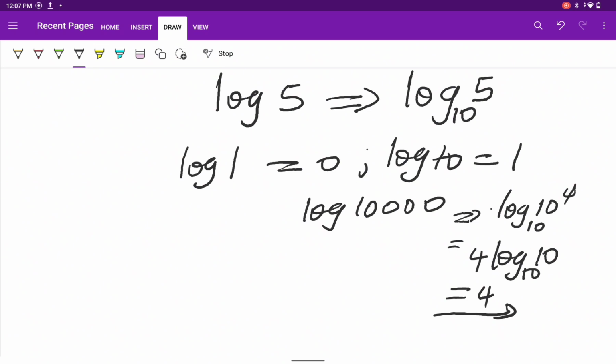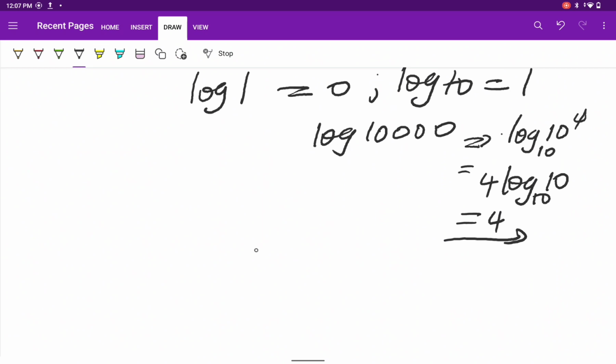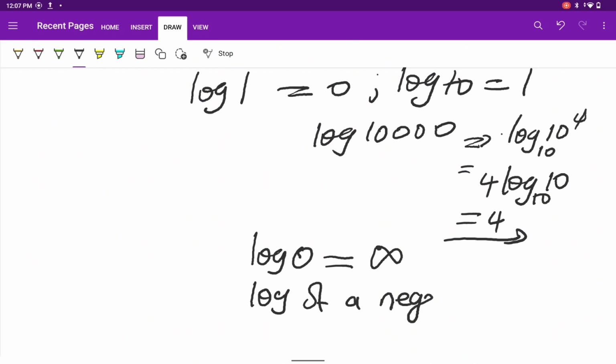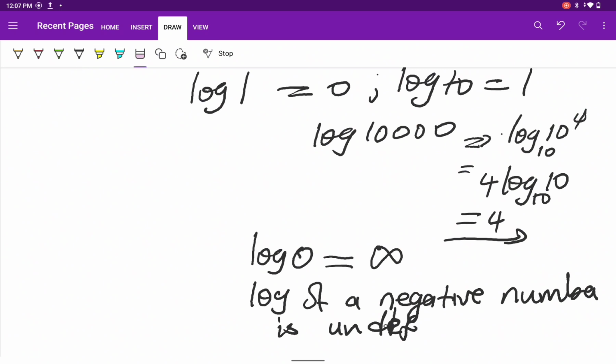So these are some of the laws that we need to understand. Log of 0 is actually not defined, and the log of a negative number is also undefined.